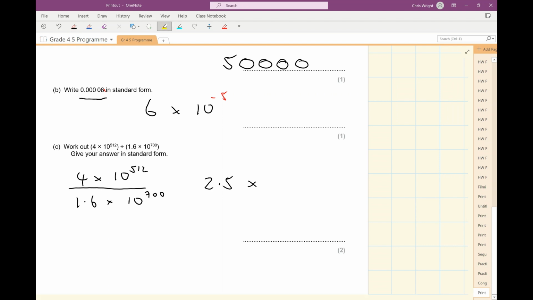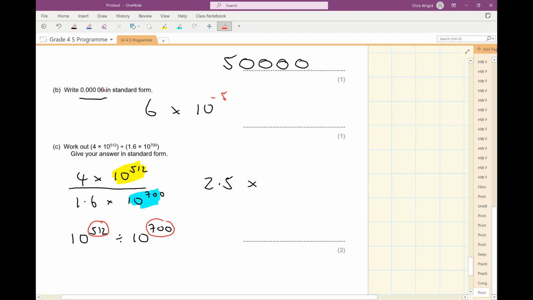Now, the 10 to the power of 512 divided by 10 to the power of 700. Remember, when you divide, you subtract the indices. So I'm going to have 10 to the power of 512 minus 700. 10 to the power of minus 188. So my answer is going to be 2.5 times 10 to the power of minus 188.